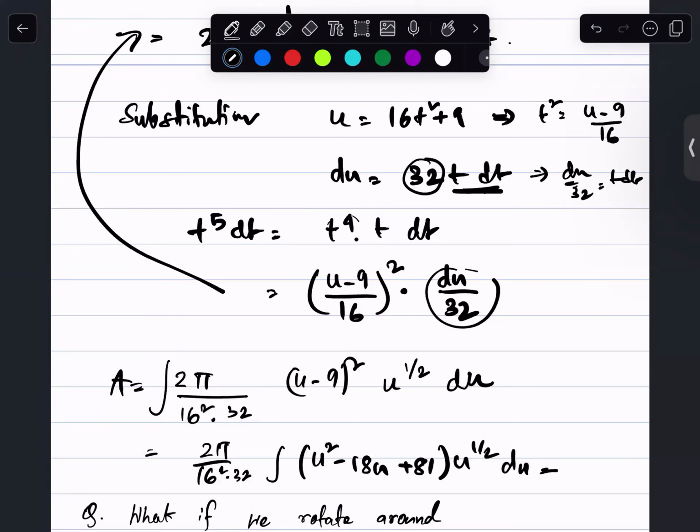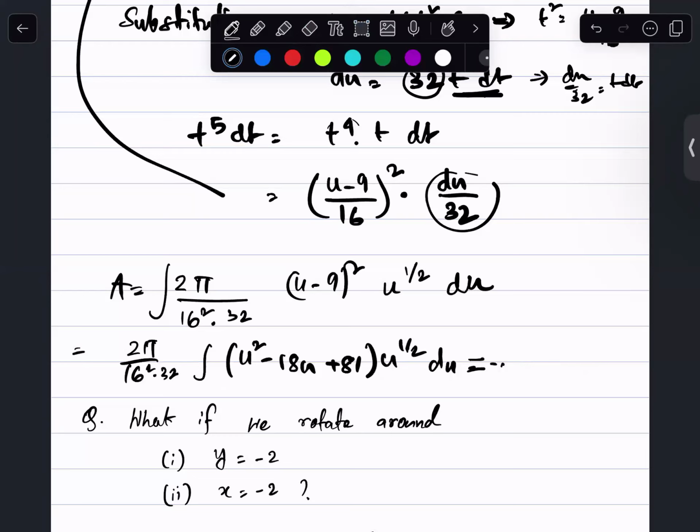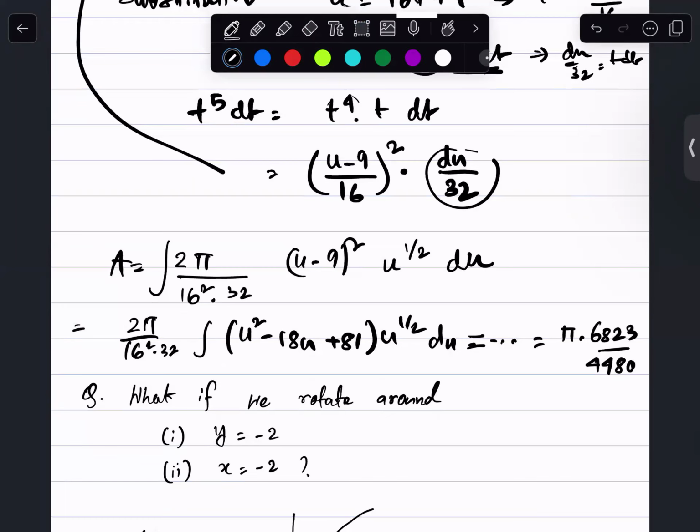You can complete the in-between steps, but at the end, your answer should be pi times 6823 over 4480. A little bit weird looking, but it is what it is.